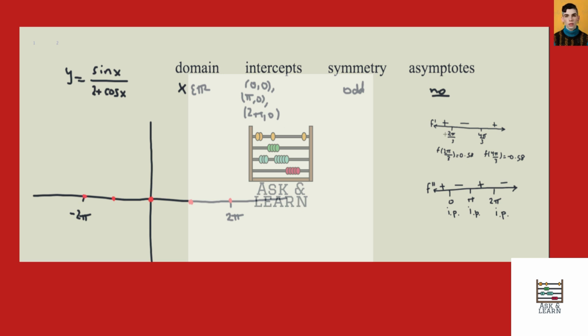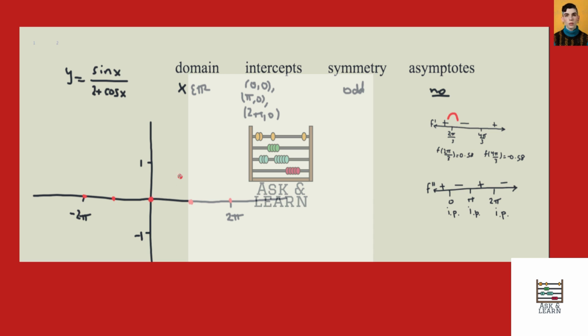All right, and we know that it's increasing and then decreasing. So an increase and then a decrease means that this is a local maximum value. So let's say that this is 1 and this is negative 1. So we have 2 pi over 3 and 0.58. So that's approximately 2 pi over 3, 0.58.